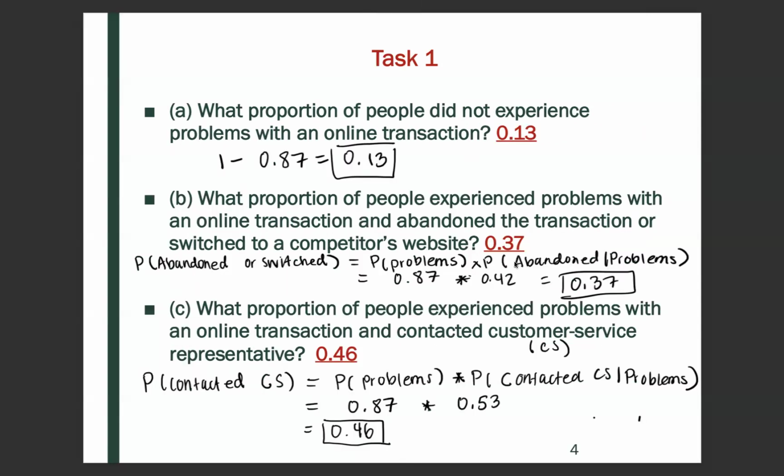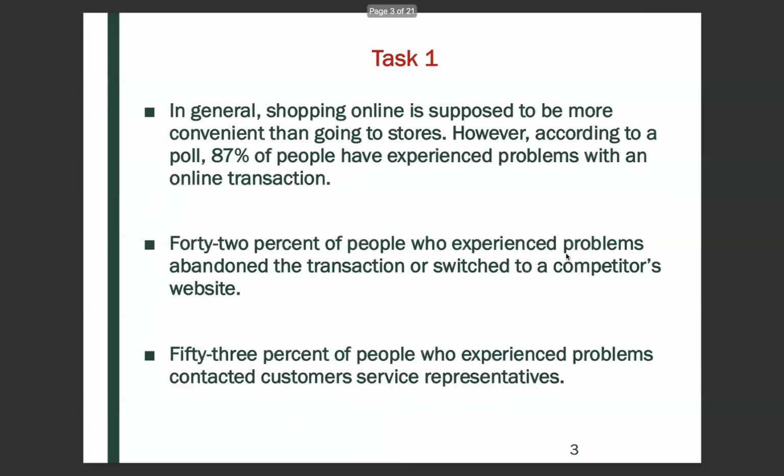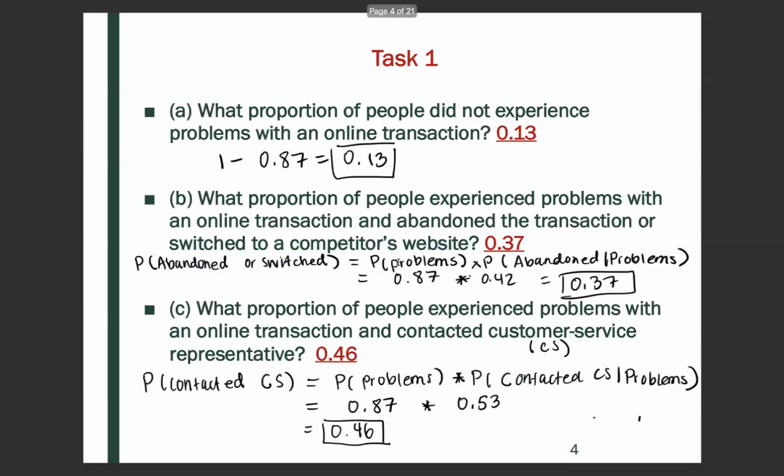And then the probability that they abandoned given the problems would be 42%. So that's 42% of the people who experience problems abandon the transaction or switch to a competitor's website. So when we multiply these together, we would get 0.37.